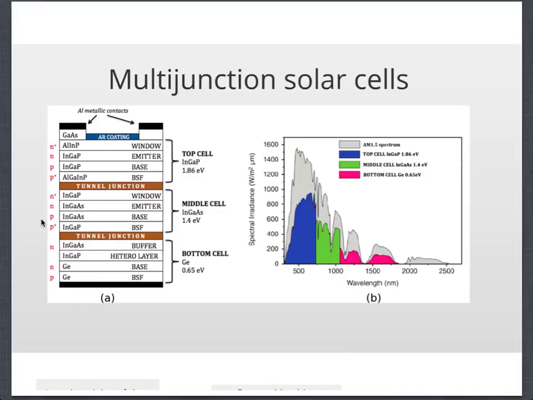Right. So first of all, let's talk about germanium. Germanium is a very expensive material. It costs about 1,000 times more than silicon. And as you can see, there are a bunch of layers, so it's very difficult to grow. These layers are grown using a technique called molecular beam epitaxy, which is a very sophisticated technique.